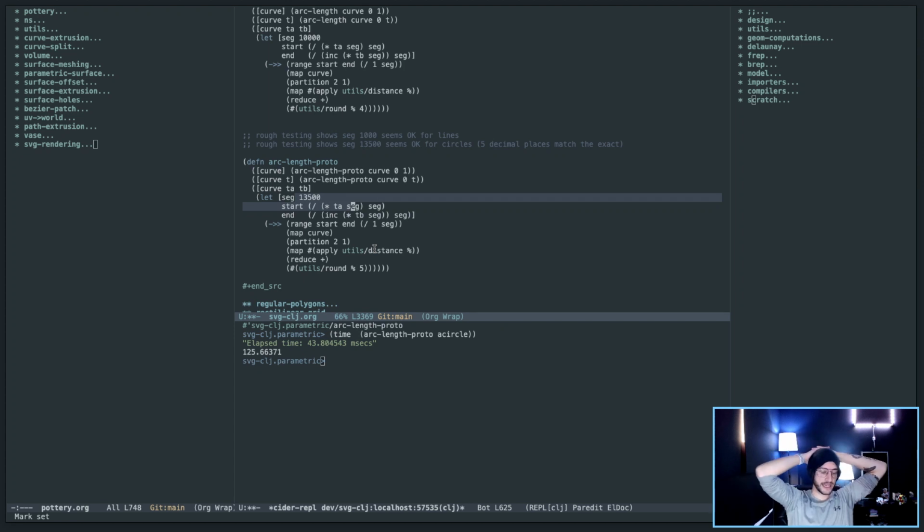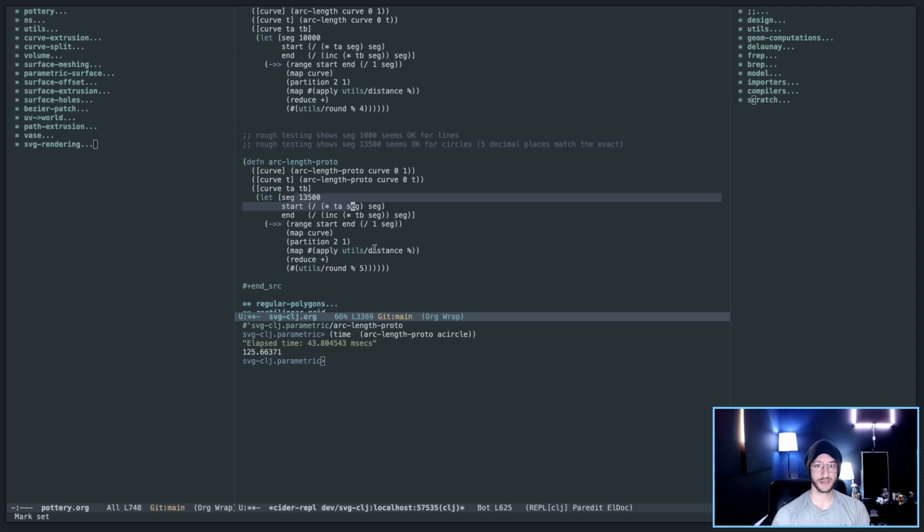So if we tune our estimator to get circles accurate within a certain decimal place value, 5 being, I think, sufficient for all of my use cases, then, what's the point I'm leading to here? Then I'm just assuming that if a circle is reasonably accurate, then a Bezier curve will be sufficiently accurate in terms of its arc length, using the same parameters.